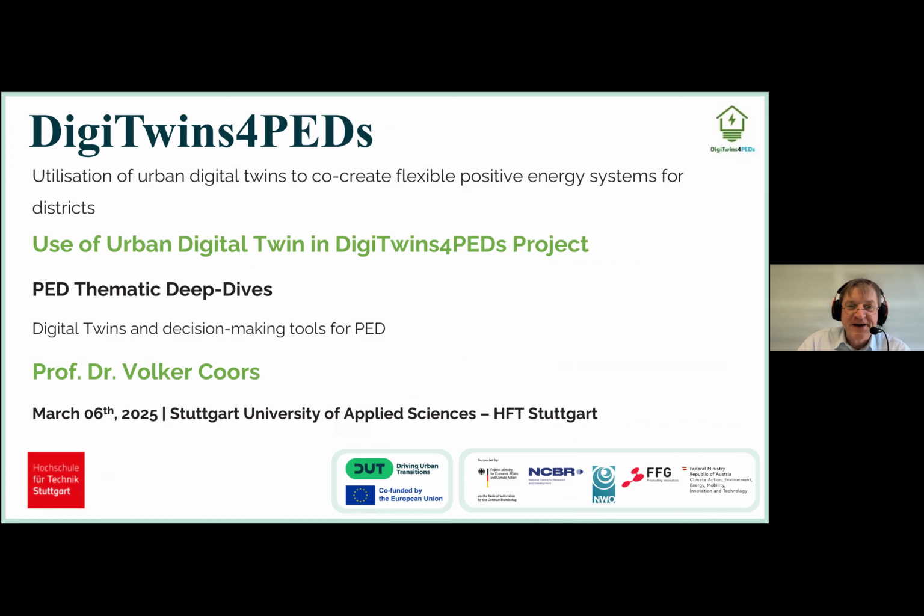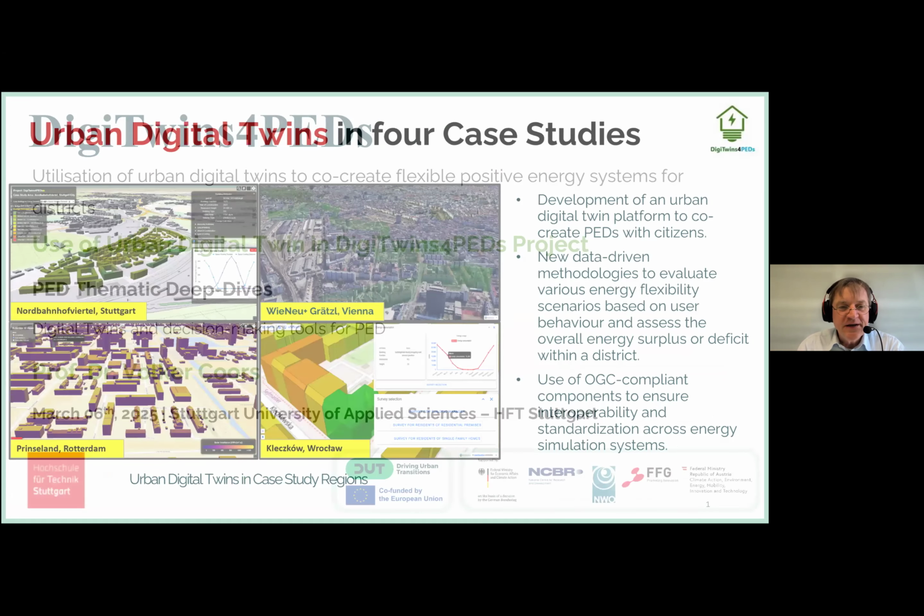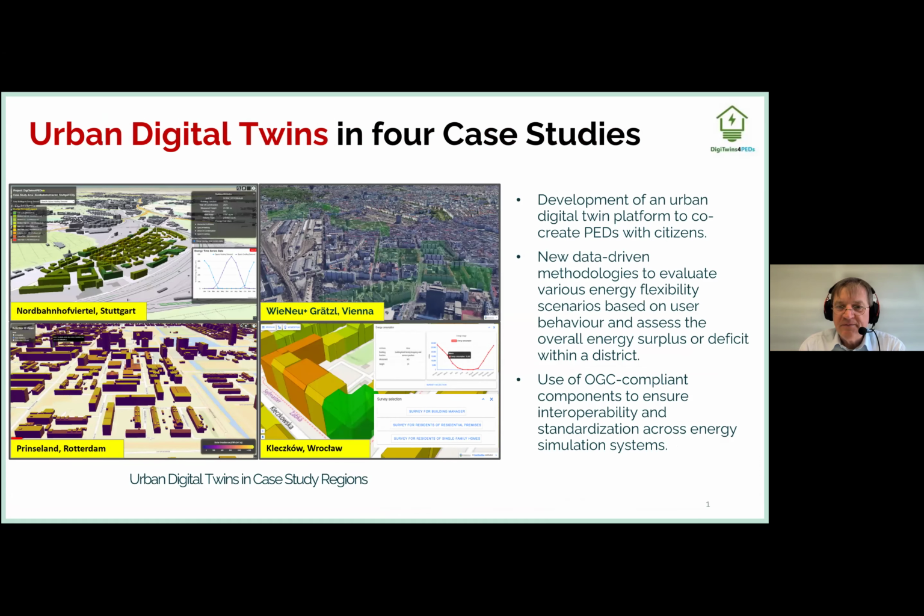In our project, we investigate and deal with 4 use cases, all in an urban district environment. One is a newly constructed or planned district that's not available yet in Stuttgart, but the neighbor district is available, Nordbahnhofviertel in Stuttgart.